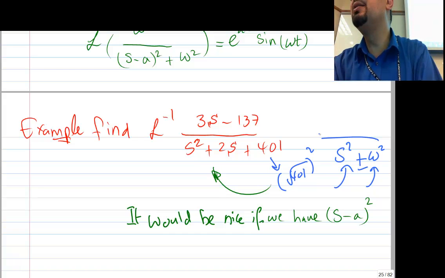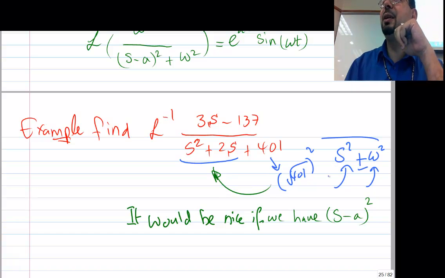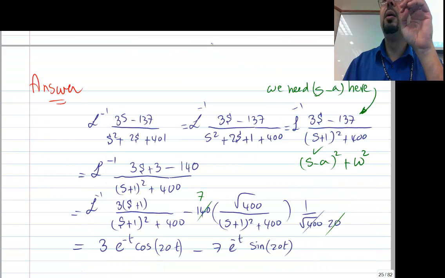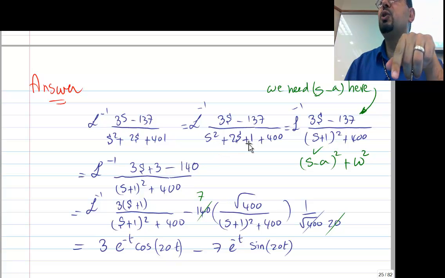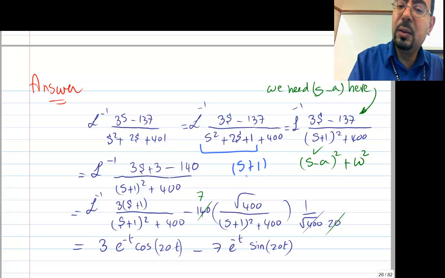So Jason is right. He's basically saying that if you would like to turn this into something squared, you need to complete the square in the second order term. You need to turn s squared plus 2s plus something into s squared plus 2s plus 1, because that is s plus 1 squared.